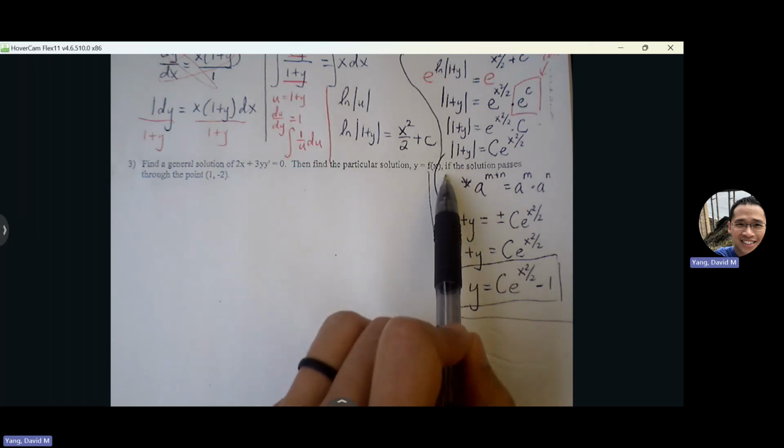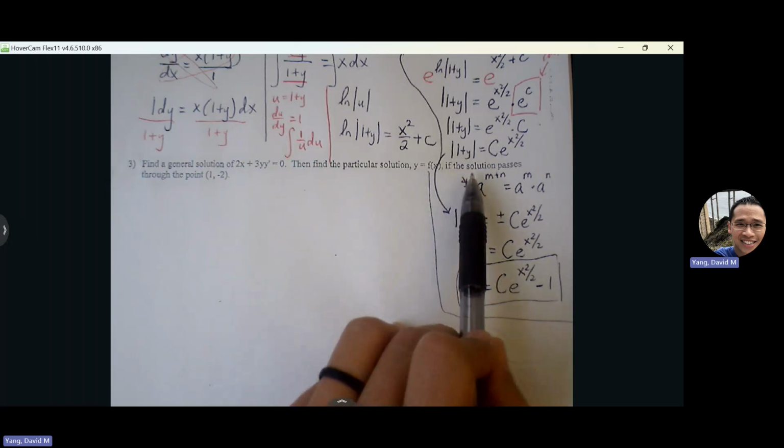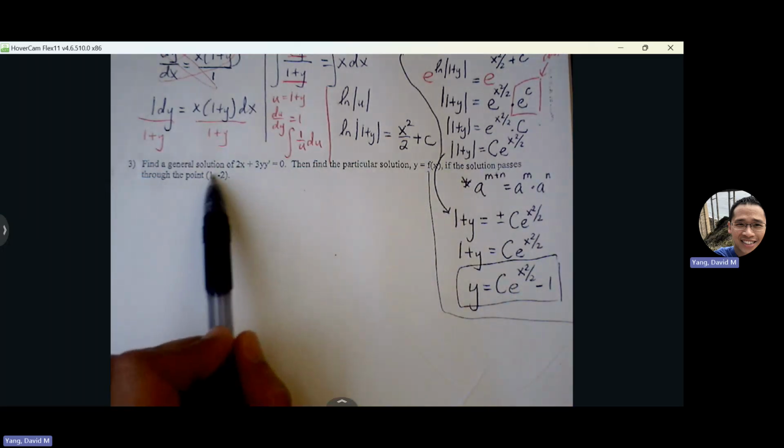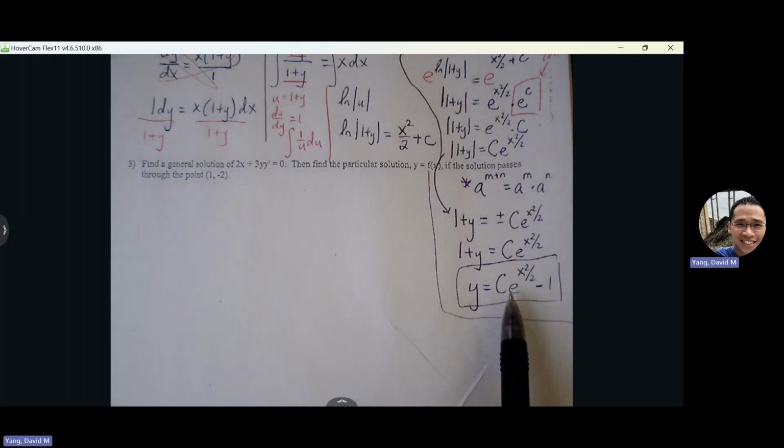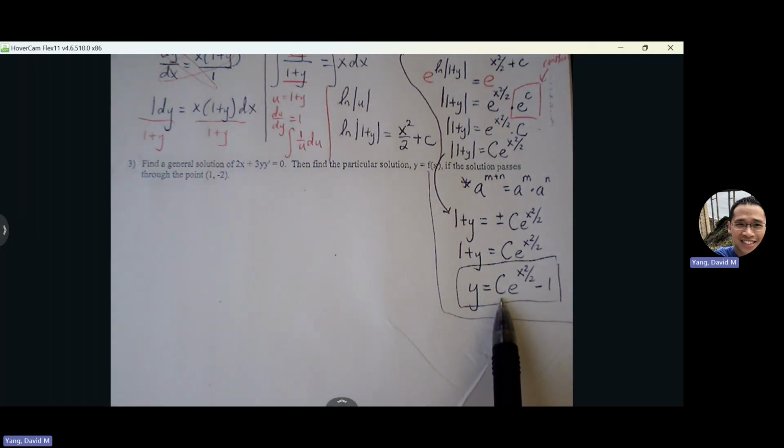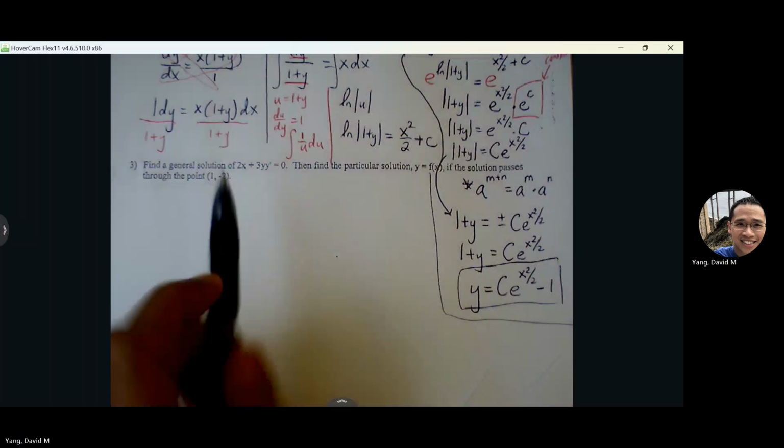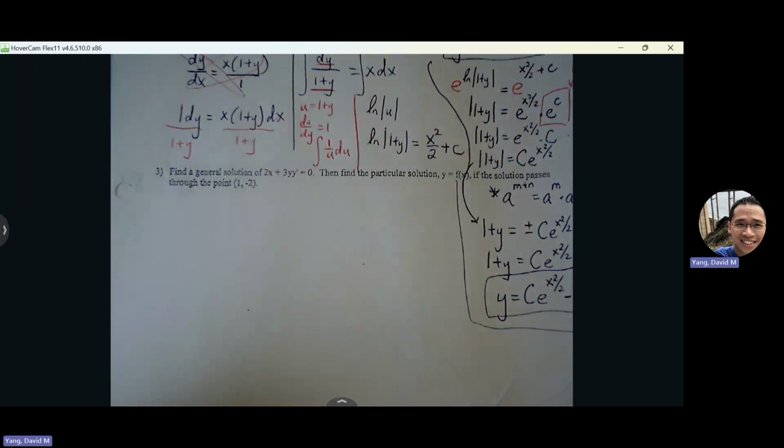Then it says find a particular solution given the ordered pair. A general solution is where you're leaving a C in your answer. A particular solution is where you're going one step further and they're giving you a specific ordered pair, which means that we can pinpoint C to be a specific number. But let's worry about the general solution first.